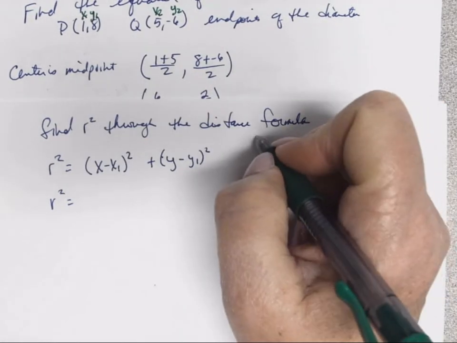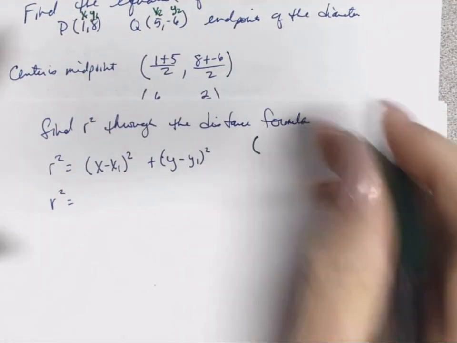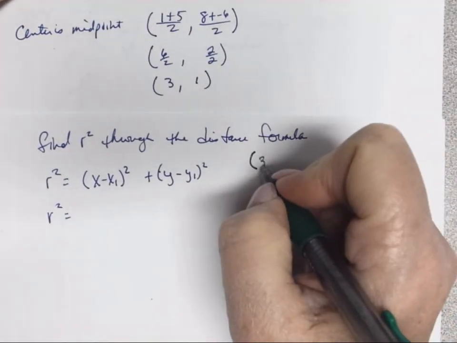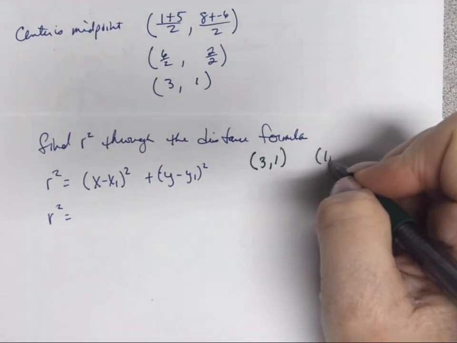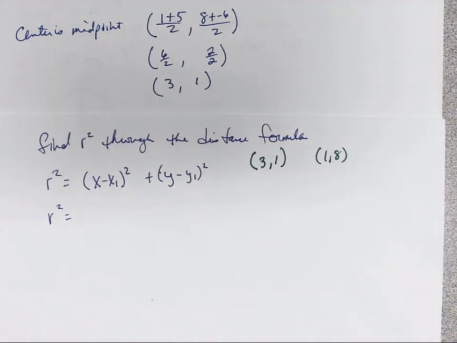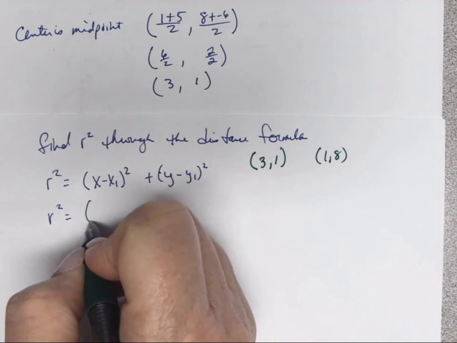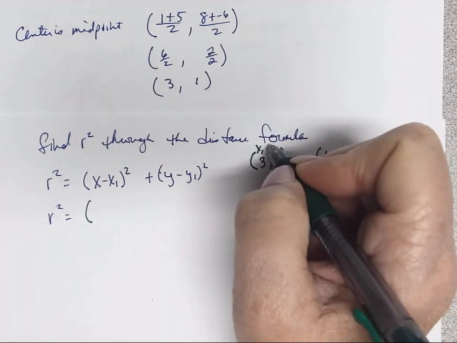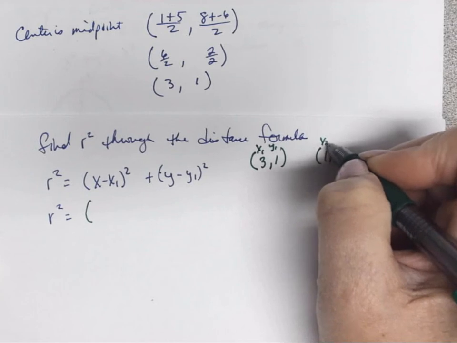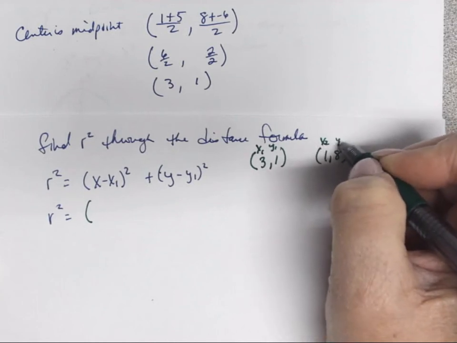All right, so we're going to use the point of our center that we found of (3, 1), and then we're going to use the point, let's just pick the (1, 8). It doesn't matter which one. All righty, so our r squared is going to be equal to, here's our x sub 1, y sub 1, x sub 2, y sub 2.